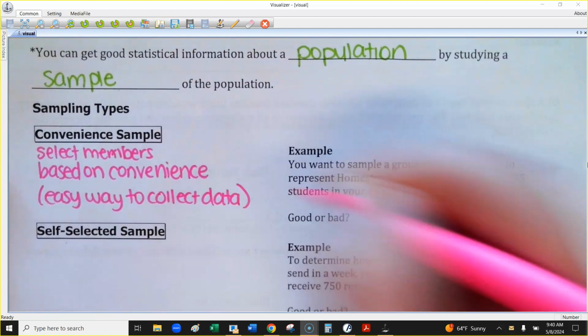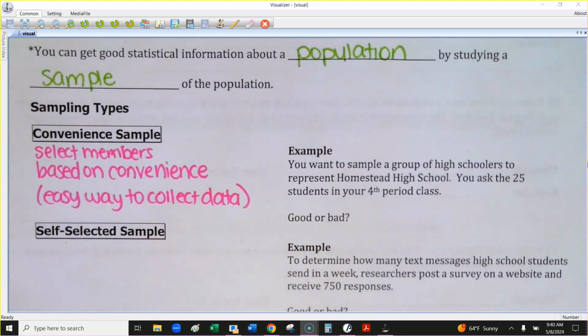So like my little example to the side, I'm not making a huge effort to do this. A really good one would be the example I have here. If you want to ask everybody in the school a question, or you want to find a sample here, what you would do is just ask your class. It's super easy for me to just ask you guys a question.